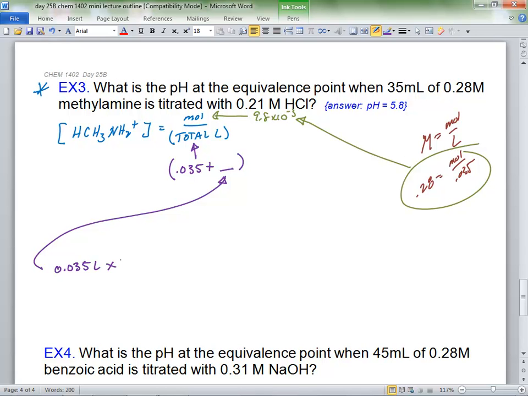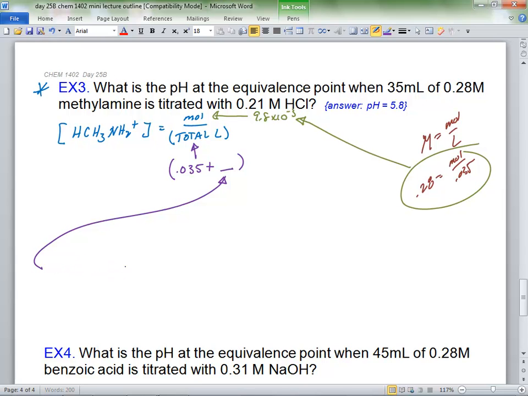Now, I don't know if you've noticed this, but you can save a little bit of time. To find the equivalence point, you really don't have to start here. You can save a little time by starting with those moles. You went through all the work to find them. You could just as well start with that 9.8 times 10 to the negative 3 moles and jump right to the mole bridge, but it really doesn't matter. I think it's good to approach it the same way every time, but be open to different ways too. In fact, it is a lot quicker to start with those moles.